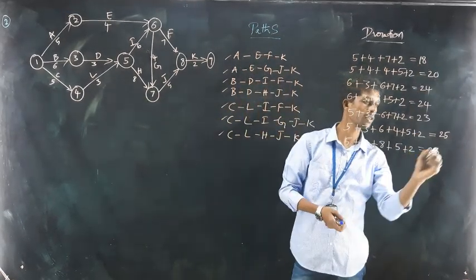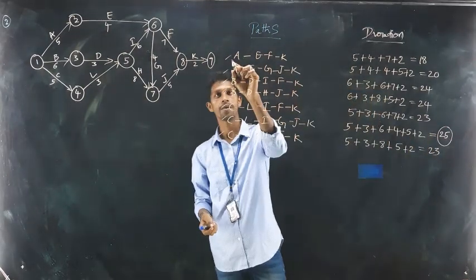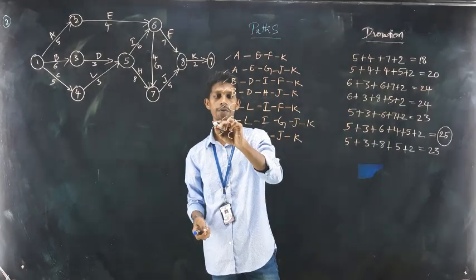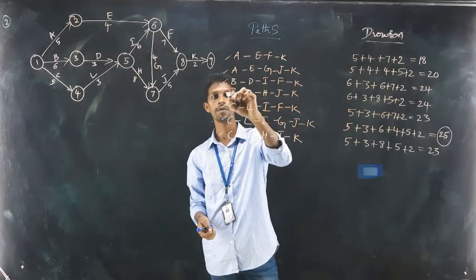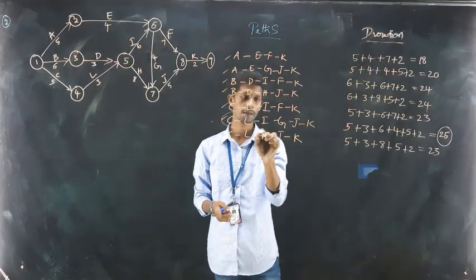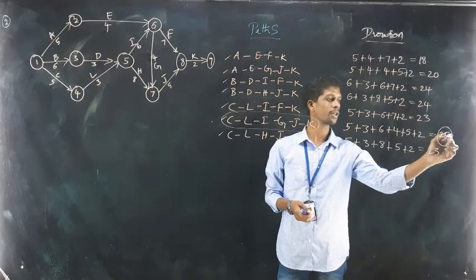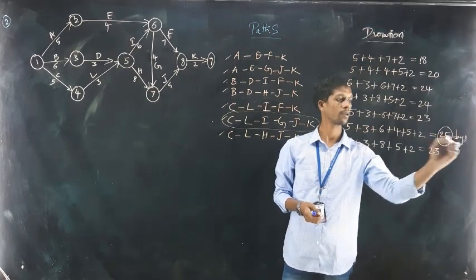So by observing all these paths, the critical path is the 1, 2, 3, 4, 5, sixth one, right? This is the path which gives the maximum time duration, that is 25 days.